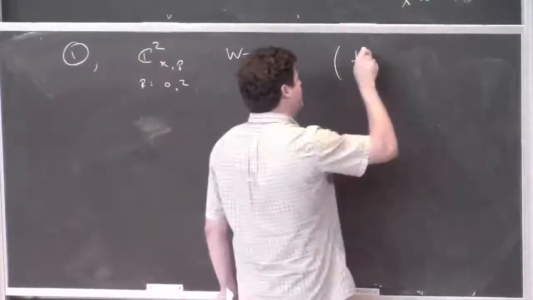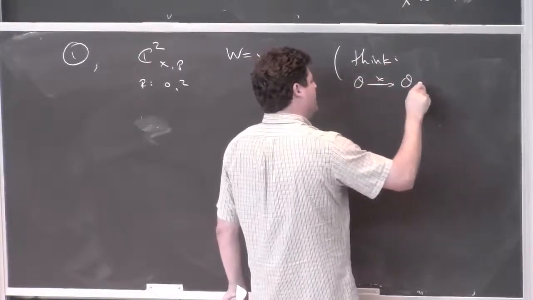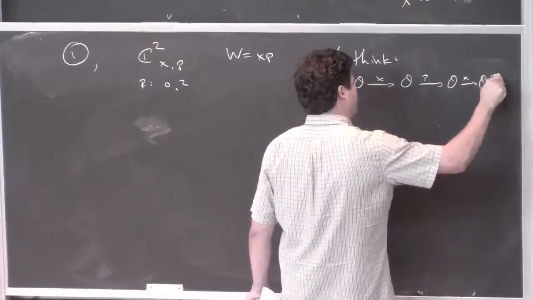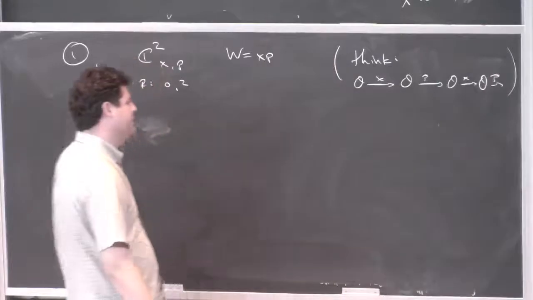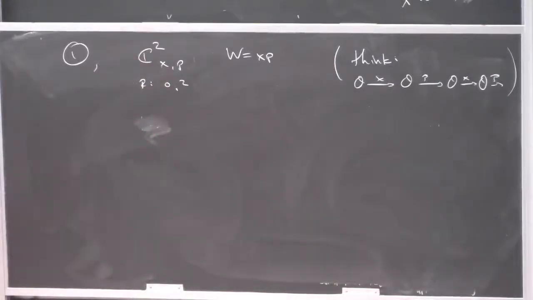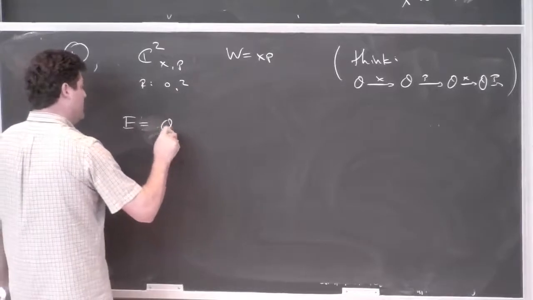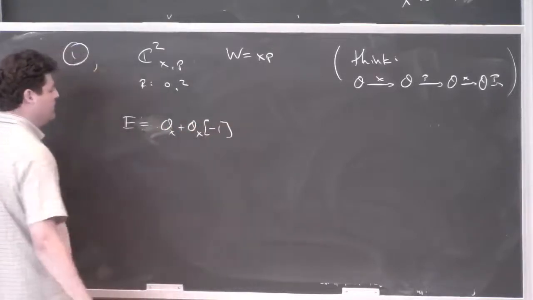I'm thinking of the map O. I want to think about that matrix factorization. So how do we formalize it in this context? I want to take E to be O plus O shifted by minus 1.